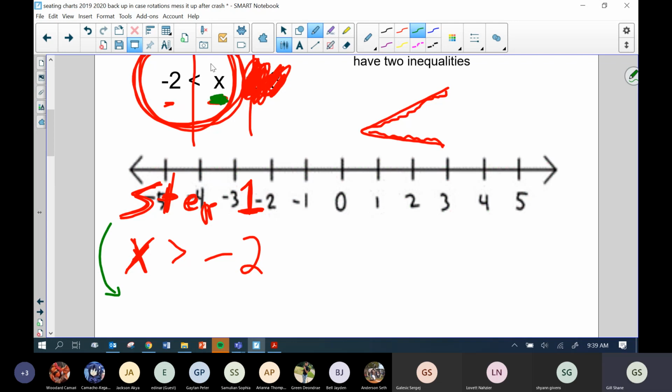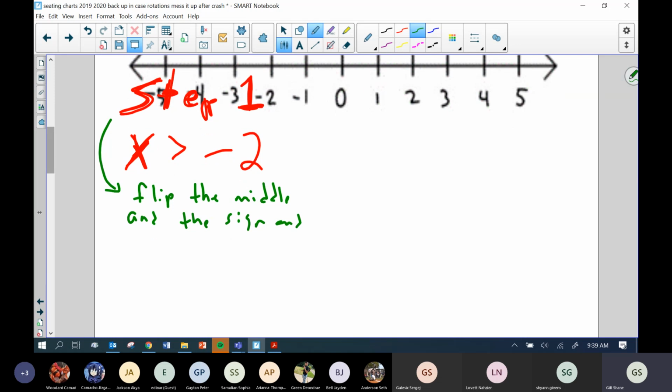So I'm going to say flip the middle and the sign and what's on the left. Boy, I should have typed that. Let me type that. I don't like that. It's hard to read.